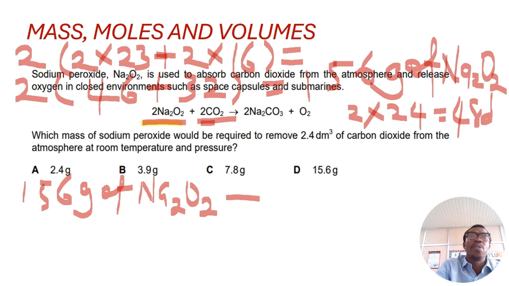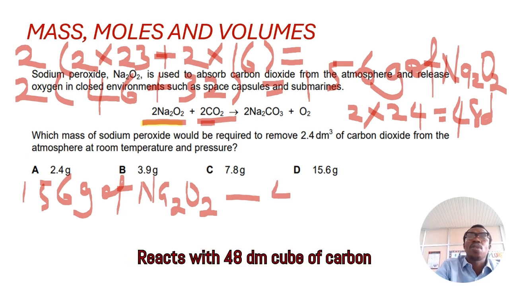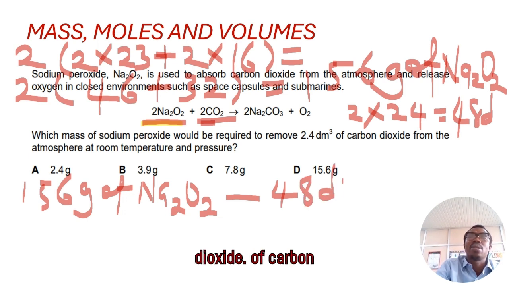That means 156 grams of sodium peroxide react with 48 dm³ of carbon dioxide.